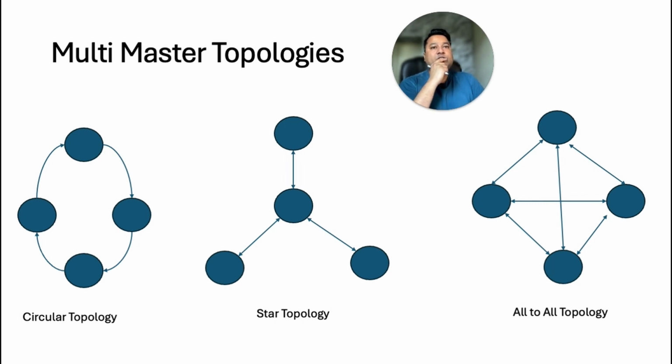Now, there is a bigger problem in all topologies, in the whole multi-master replication. I was talking about some time back that in node 1, insert x is equal to 50 happens, then x is equal to 20 happens, x is equal to 10 happens.